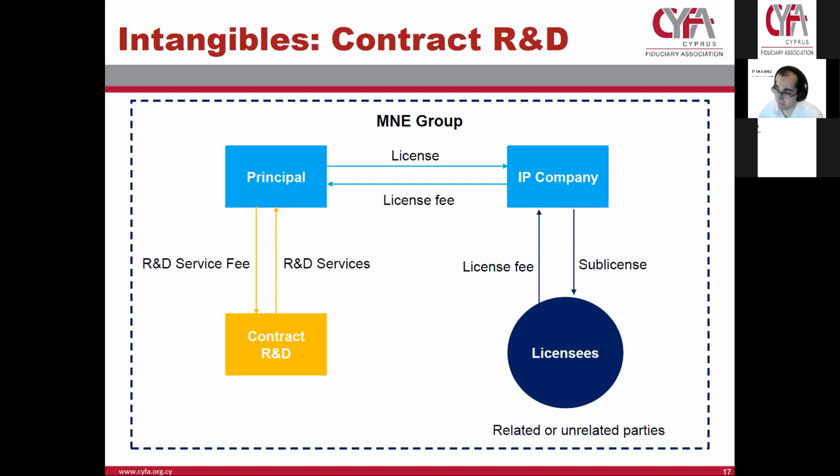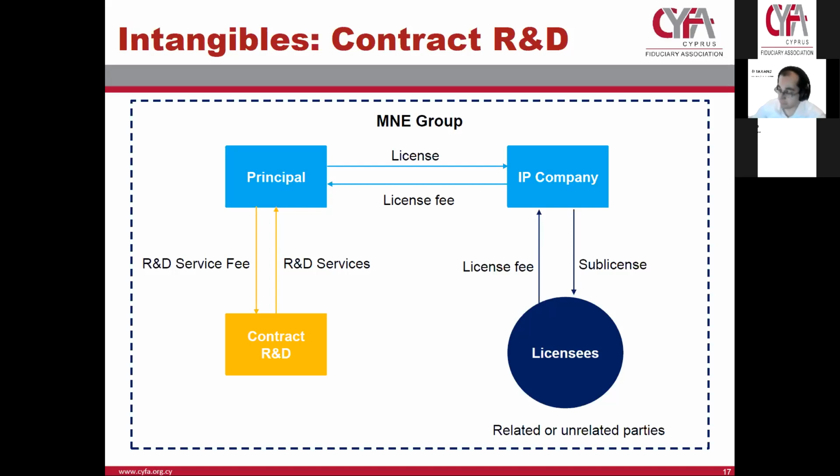And in that case, the IP company may not be entitled to the income from the IPs in the sense that it doesn't perform most of the IP functions, but it does add value and it should have a higher service fee.